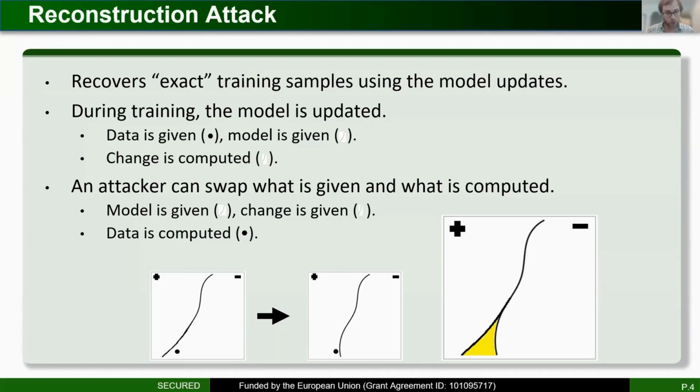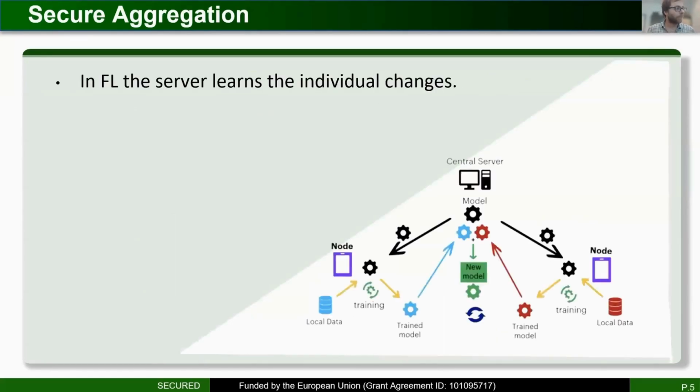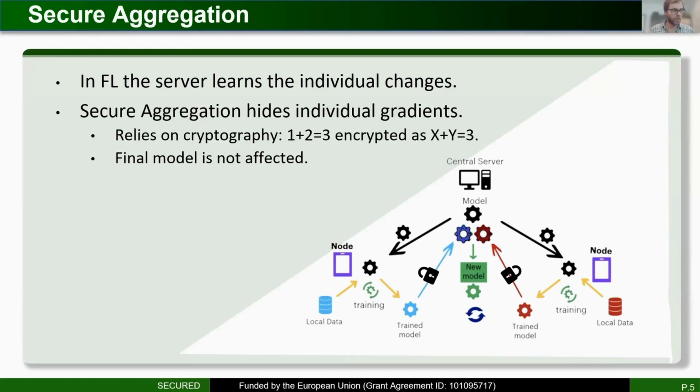So because of that, usually secure aggregation is applied on top of federated learning. So what is that? Secure aggregation changes the federated learning pipeline in a way that it encrypts the local model updates. So instead of sending these blue and red models, only an encrypted version will be sent, which will be meaningless for the server.